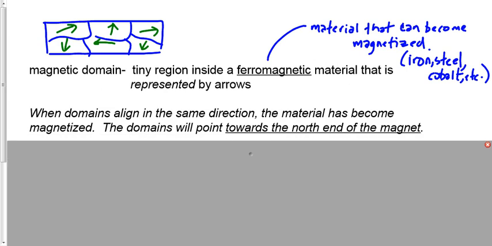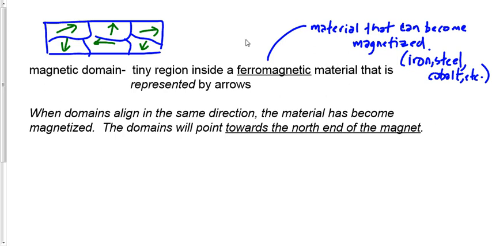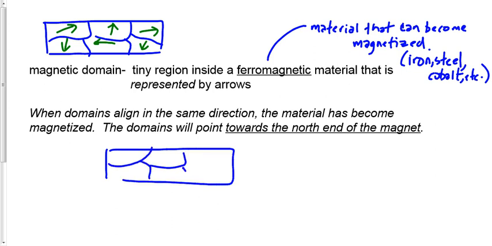So how do we make it a magnet? Well, we need the domains to point in the same direction. We need to align them. If we have this ferromagnetic material with all the domains pointing in a random direction, it's just your fridge front. If we have a ferromagnetic material with the domains pointing more or less in the same direction, now we've got a magnet.